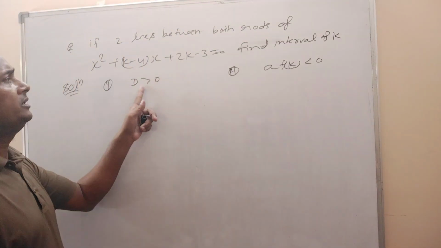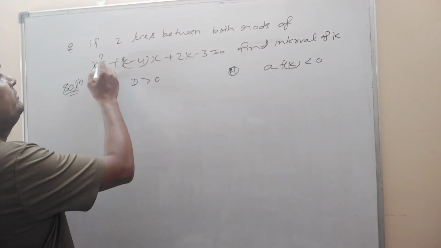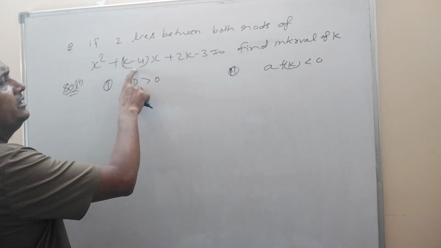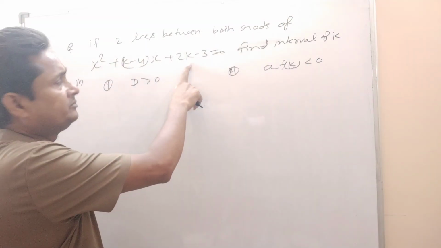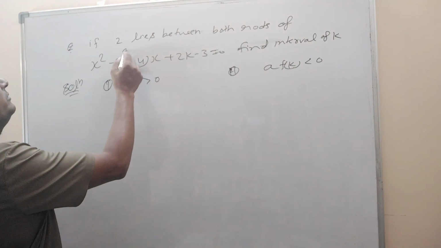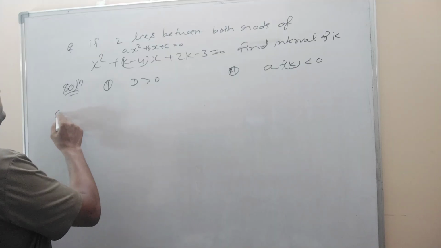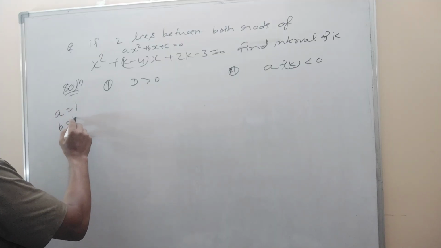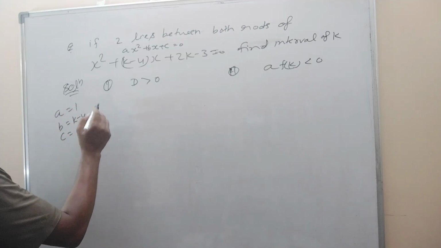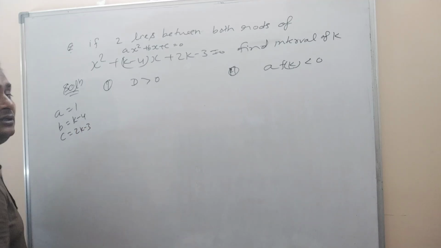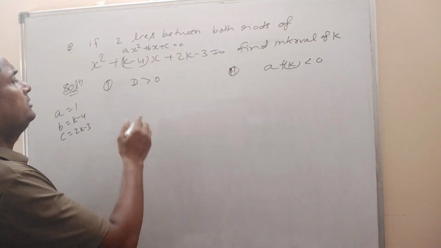Now solve discriminant. If we compare with ax square plus bx plus c is equal to 0, then A is equal to 1, b is equal to k minus 4 and c is equal to 2k minus 3.